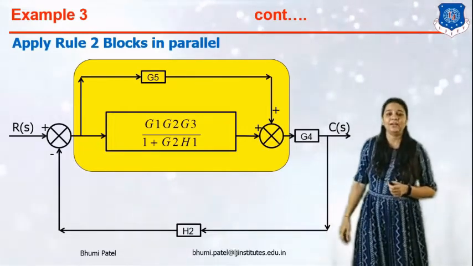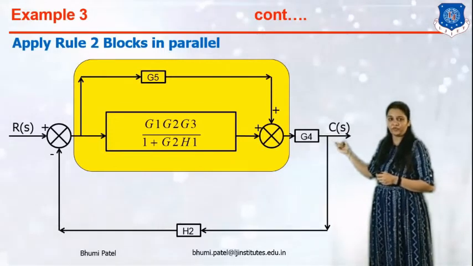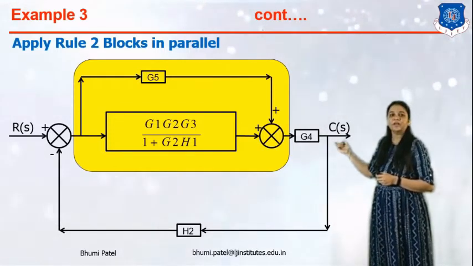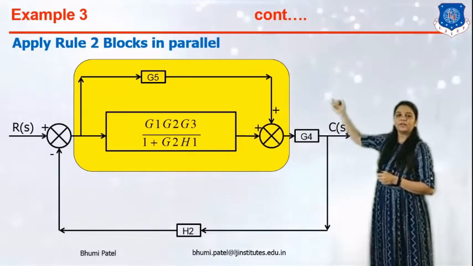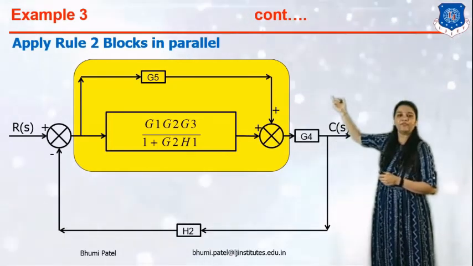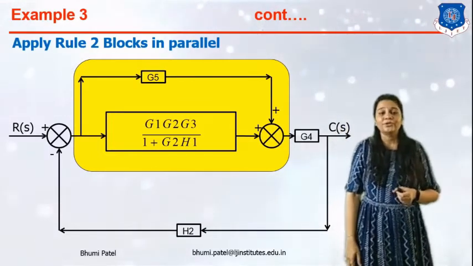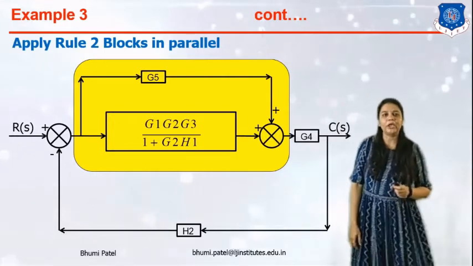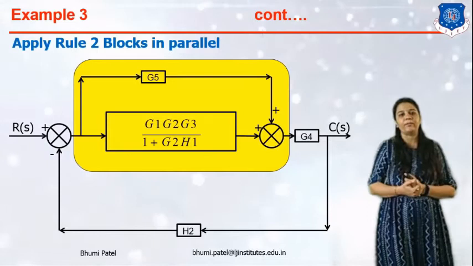So here you can see that at the summing point, the first forward path is G1 G2 G3 upon 1 plus G2 H1, and the second gain is G5, and both arrows are incoming to the summing point. So we cannot apply rule number 3, elimination of the feedback loop.